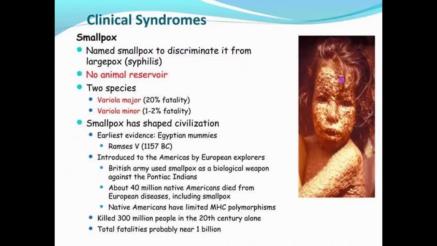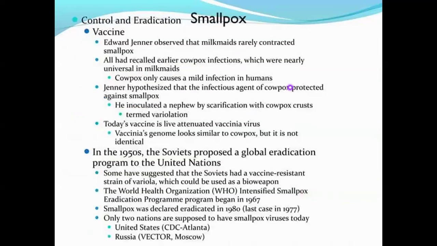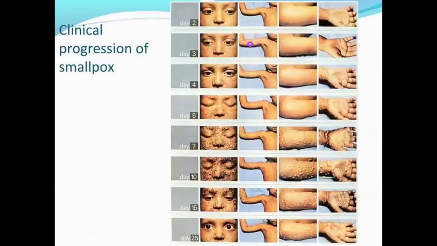Can you see these? These are what we call the vesicles and the scabs. So here, clinical progression. Progression of these lesions usually starts with macules, day 2 to day 3. Then they go to papules, days 3, 4, 5.